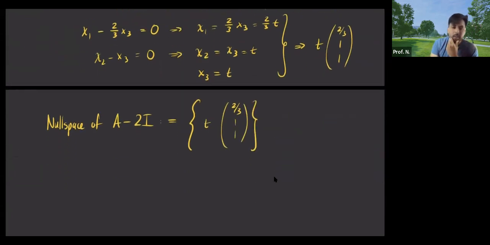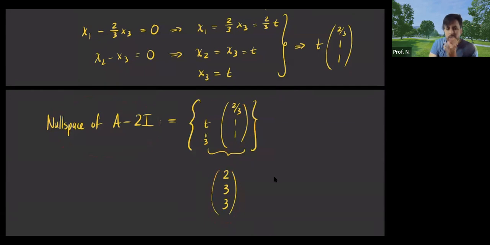Because any scalar multiple is in the null space, right? I can create another vector. If I make this equal to 3, then when I multiply this out, I get 2, 3, 3. This vector is also inside the null space of A minus 2I, which means this is also another eigenvector.